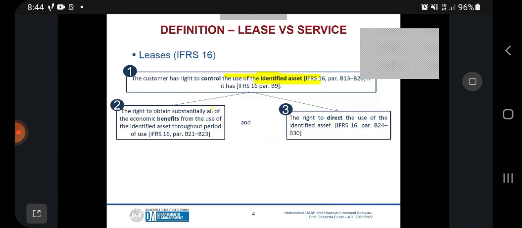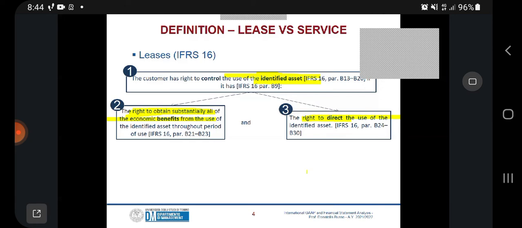Then, the control of the right of use exists when the lessee has the right to obtain substantially all the economic benefit from the use of the identified asset, and on the other hand, the lessee has the right to direct the use of the identified asset.